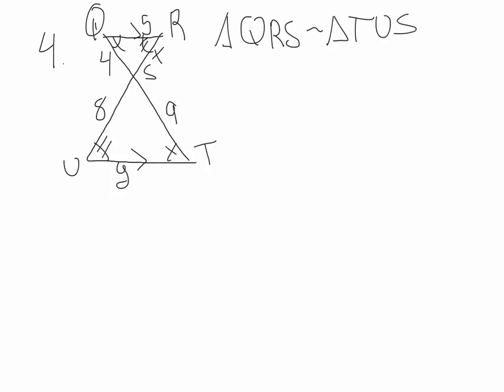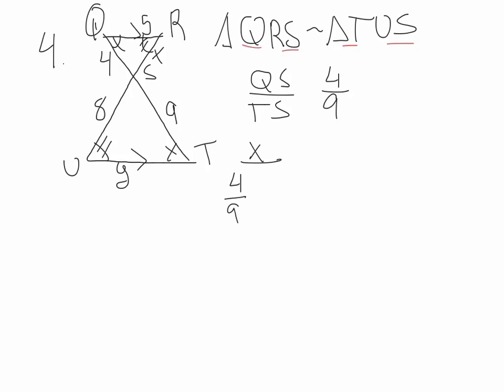Now to identify my scale factor, QS and TS are our corresponding sides. So I'll set up QS to TS. That's 4/9, and I can't reduce 4/9, so my scale factor is 4 over 9. Now let's solve for x.